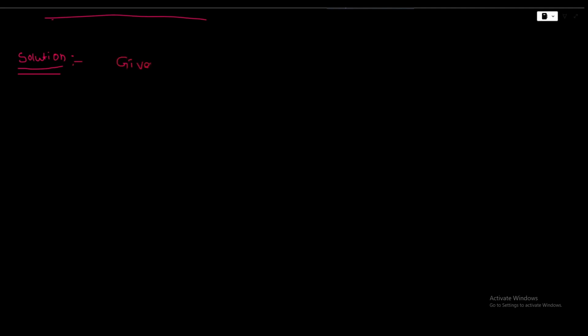ओके, ठीक है. तो हाँ, तो गिवन summation n equals to 1 to infinity a_n equals to summation n equals to 1 to infinity sine of 1/n cube, where mod of a_n equals to mod of sine of 1/n cube. ठीक है.